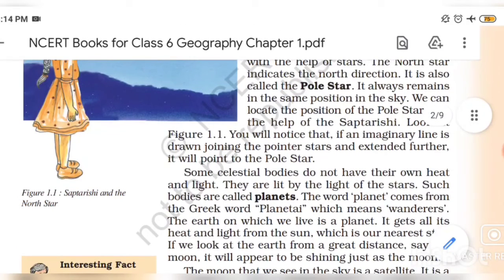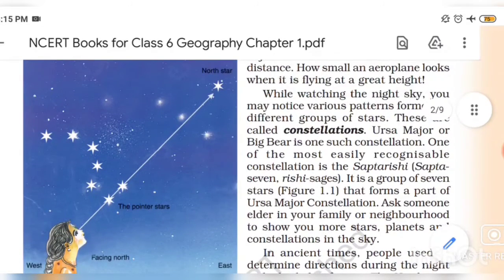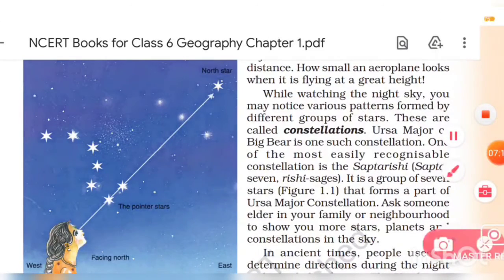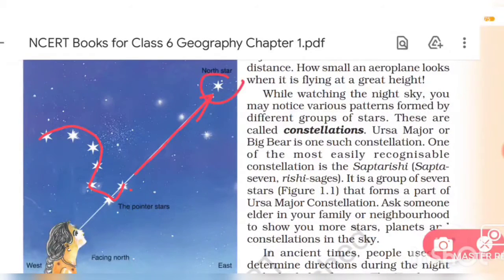If an imaginary line is drawn joining the pointer stars and extended further, it will point to the pole star. If you see this picture, that is the Saptarishi, and if you extend an imaginary line from the first two stars of Saptarishi towards the north direction, you can locate the north star.